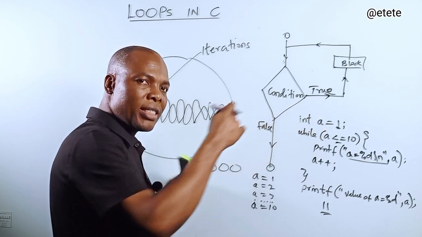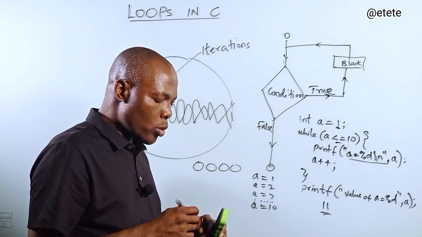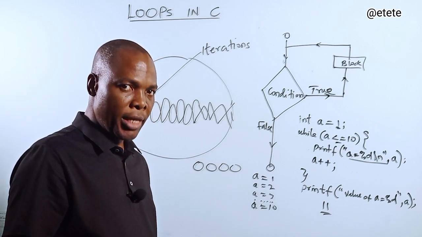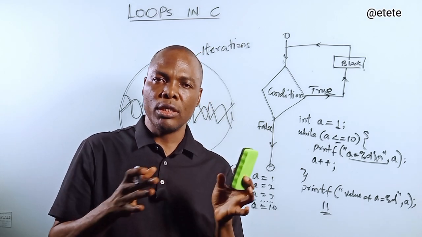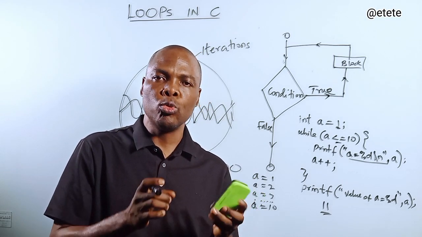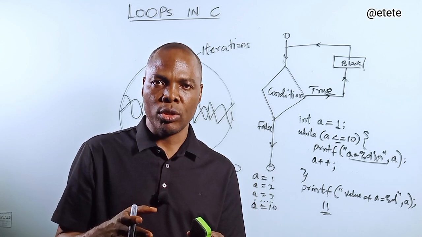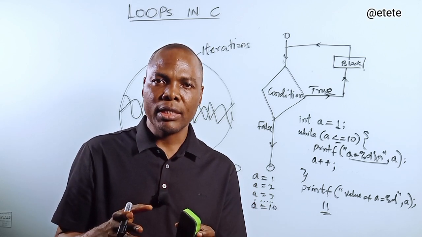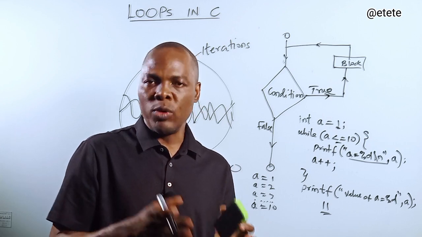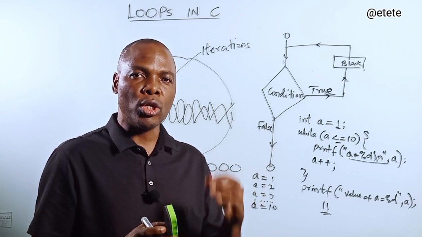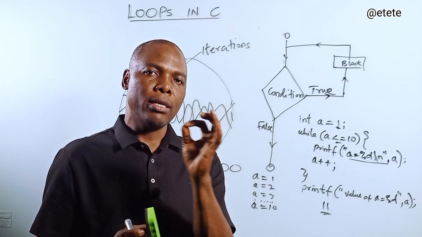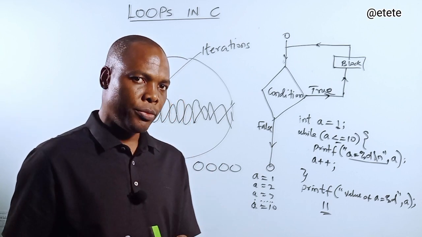So this loop has 10 iterations. So what is the loop telling us? Which is what I want you to see. The loop is just showing us how to manage repetition orderly, with precision. That's what the loop will teach us: how to manage repetition in order and precision.